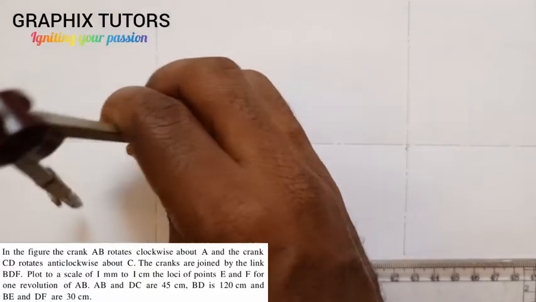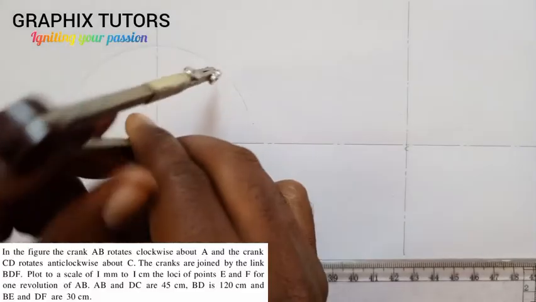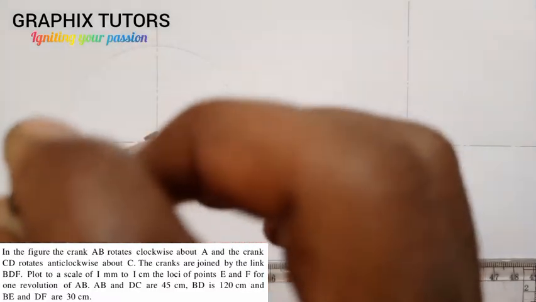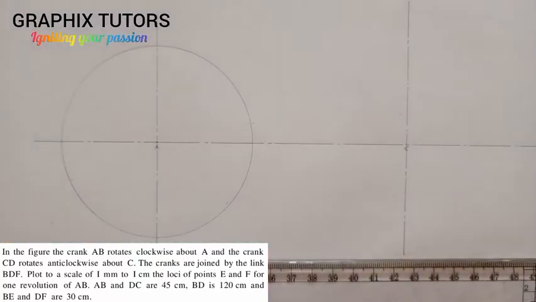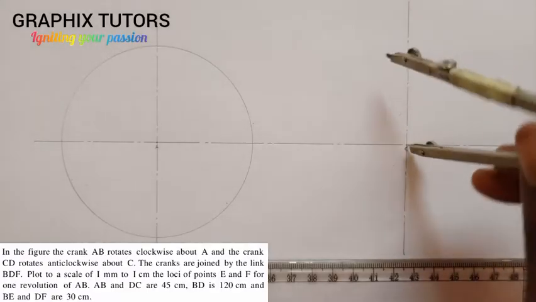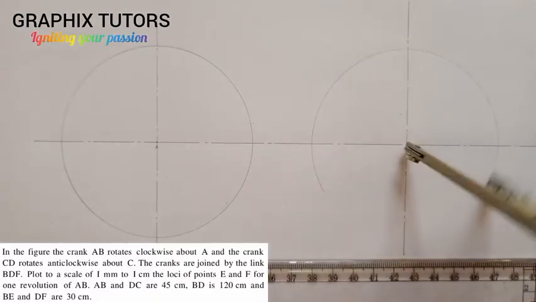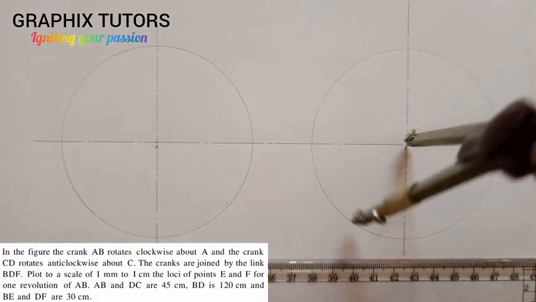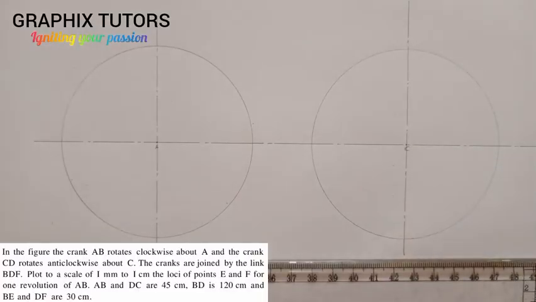Then I'm going to draw this way. That's the first one. And I'll come to point C and do the same thing. And that is the second one.